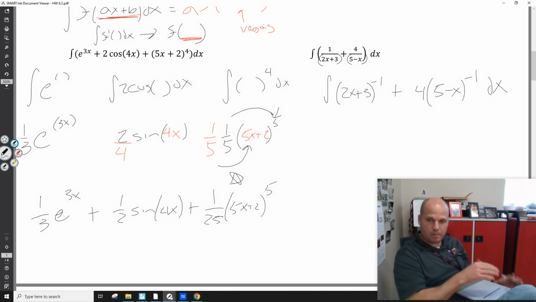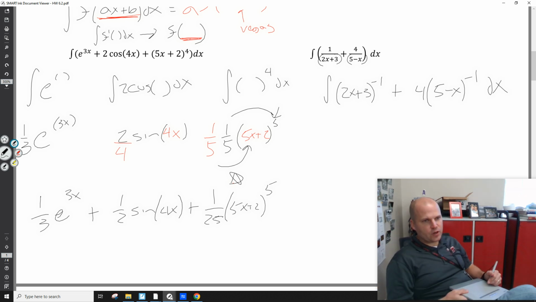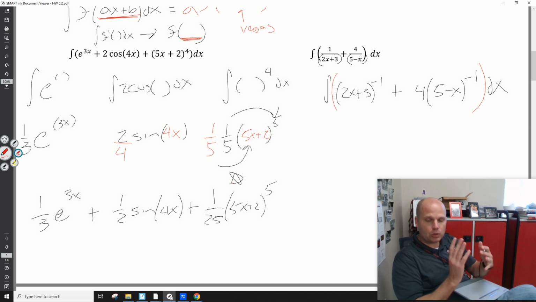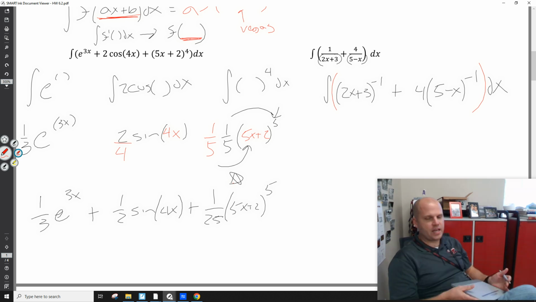Now remember, power rule works for all powers except the negative 1st. So for this negative 1st power and that negative 1st power, don't use the power rule. Instead, you either remember log parentheses derivative is 1/parentheses, so you know you have to use log here, or you rewrite it as a negative 1st power and you're like, oh yeah, I got to use a log.